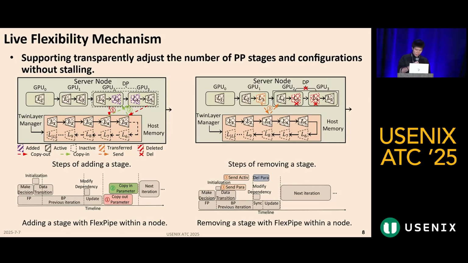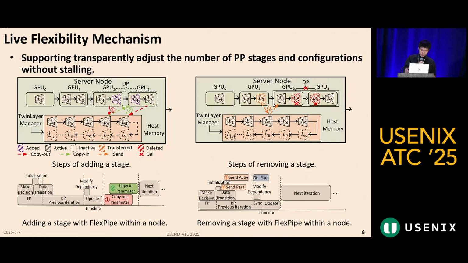A key innovation in FlexPipe is our live flexibility mechanism, called LFIM for short, which transparently adjusts the number of PP stages and configurations without stalling. The core idea is to reduce initialization overhead and overlap communication and computation.